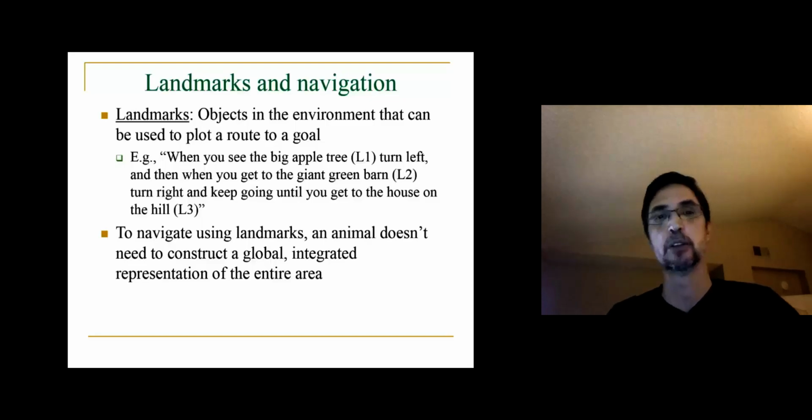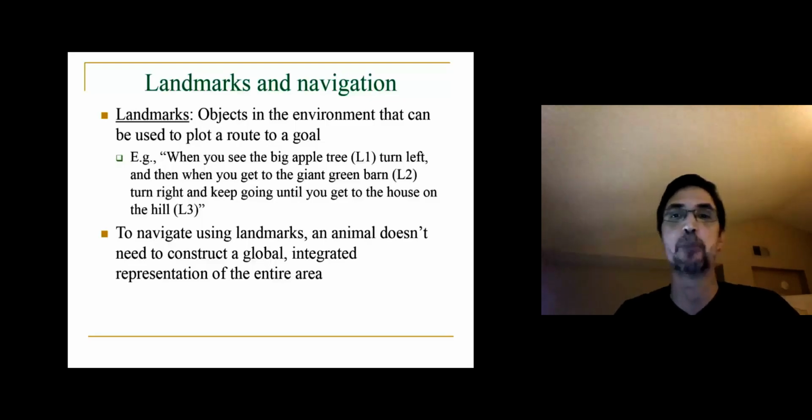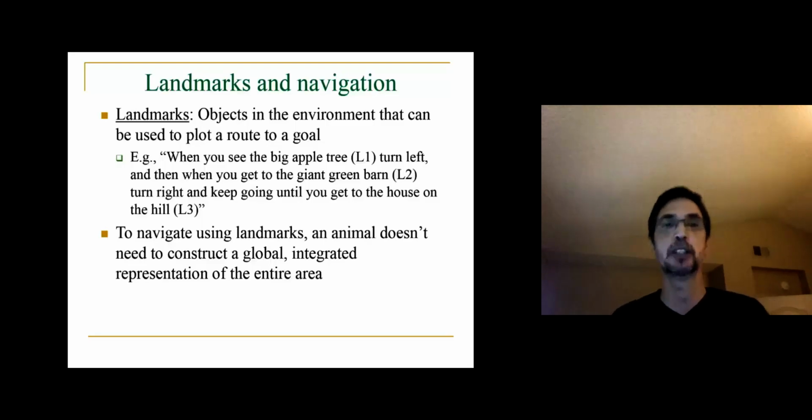So for example, you can use landmarks as follows, like to give directions. When you see the big apple tree, that would be landmark 1, turn left, and then when you get to the giant green barn, which would be the second landmark, turn right and keep going until you get to the house on the hill, which would be the third landmark. So using this kind of thing, you wouldn't need a detailed cognitive map.